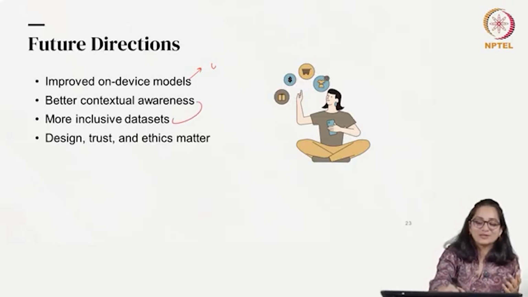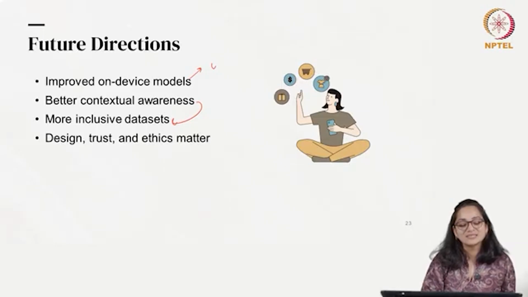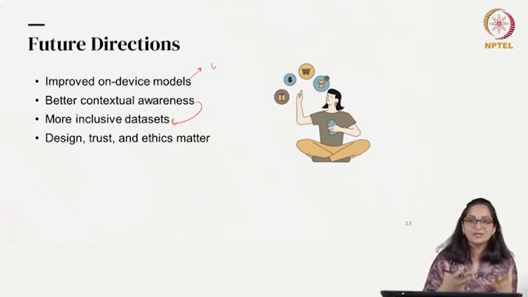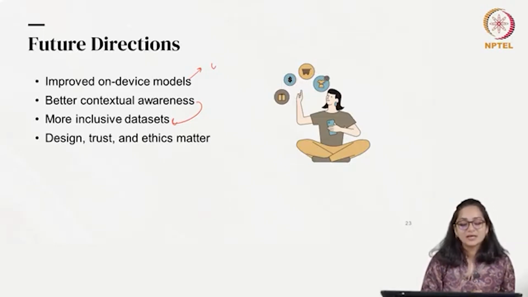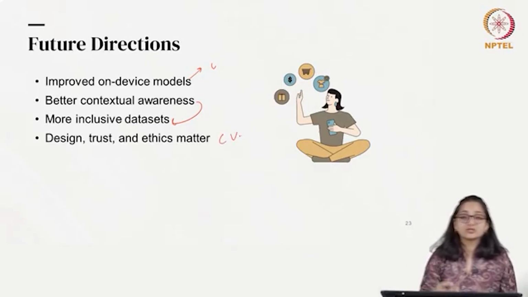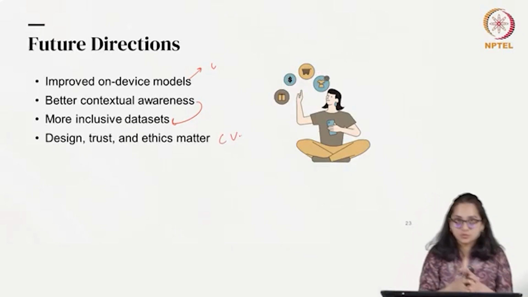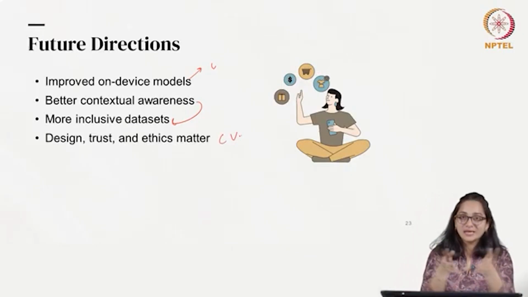This one feeds into that, and that requires more inclusive data sets. And design, trust, and ethics do matter when you are using computer vision models in your solution. So please be careful when you're using this emerging technology.